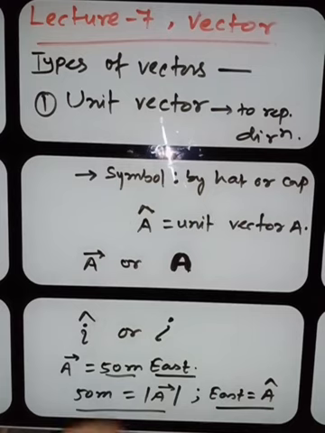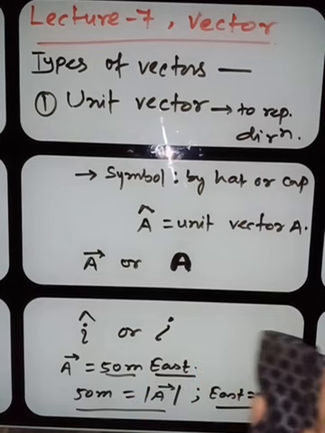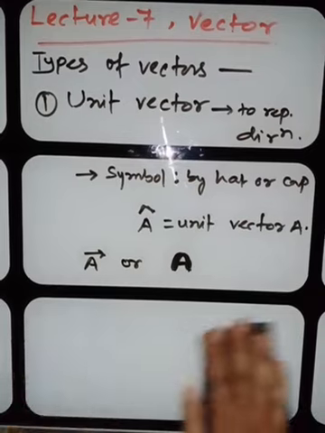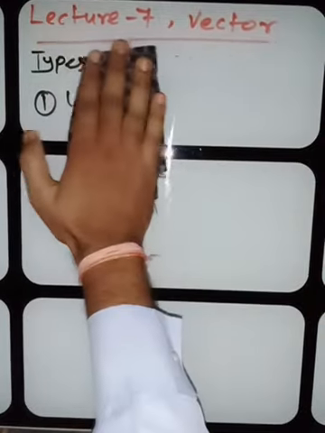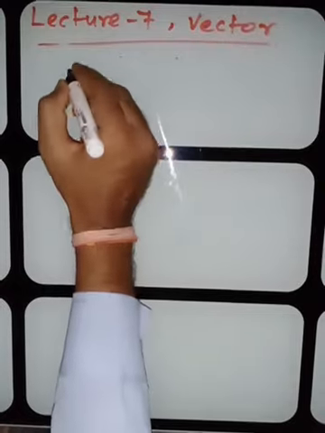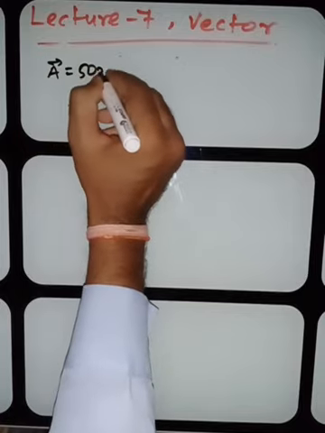And another thing we are going to discuss here about the unit vector is the formula, and that is very important. You must remember. Can you note down this one? So look here. Suppose you have a vector A as 50 meter east.